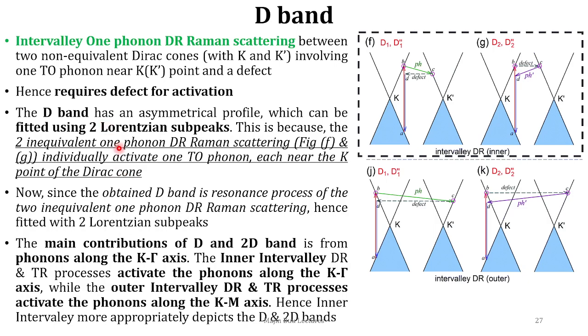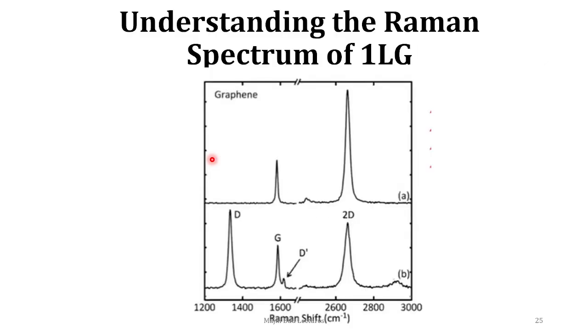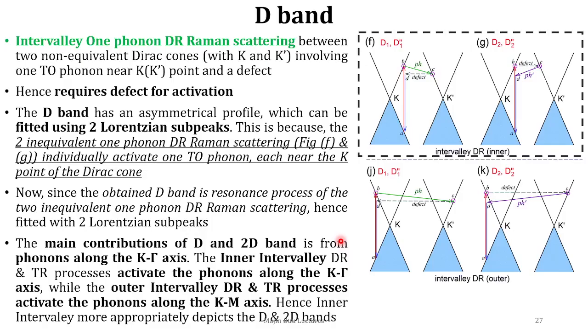Now, the D band that you can see is essentially an asymmetrical profile, which can be fitted by two Lorentzian subpeaks, because the D band in one layer graphene is essentially a resonance of these two processes. It can either be a phonon first followed by interaction with defect, or a defect first followed by interaction with the phonon.